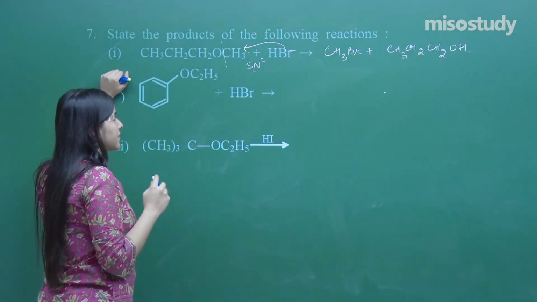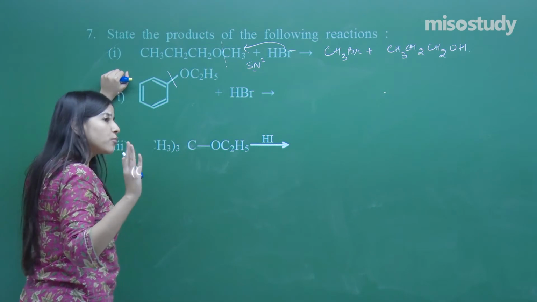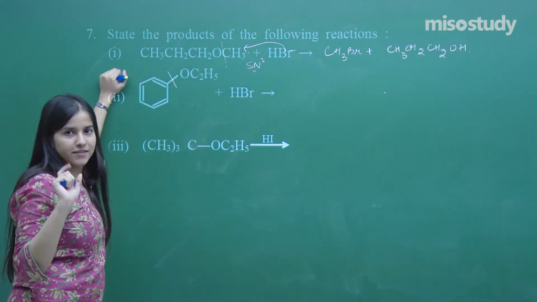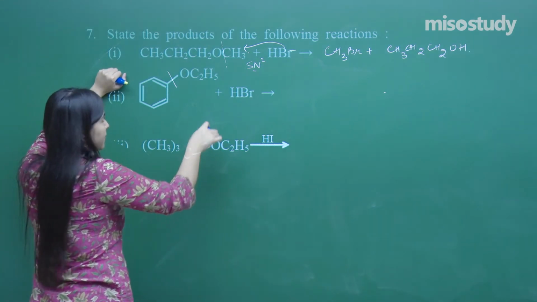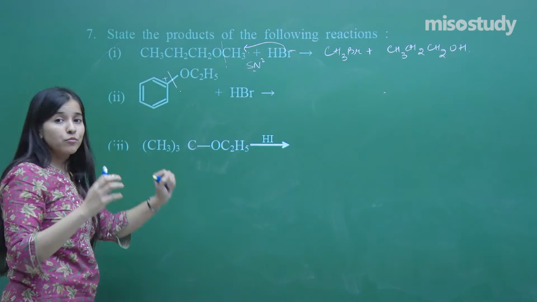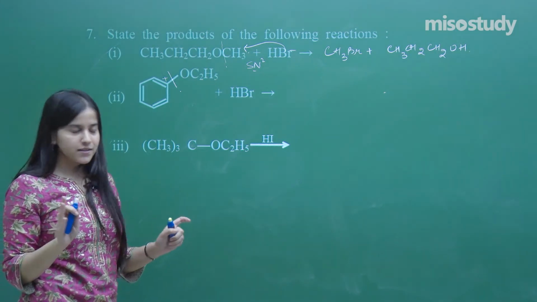The next one. Here what will happen, see. If I try to break this, I am just checking the possibility whether I will be getting a very stable carbocation or not. First is this thing. So if I try to break this, positive comes up here. Phenyl carbocation, highly unstable thing, right? So I am not going for that.